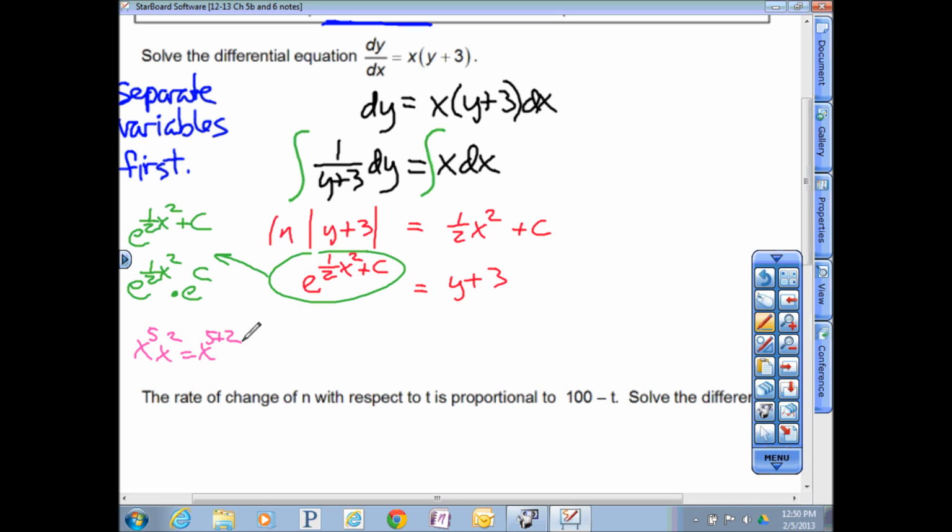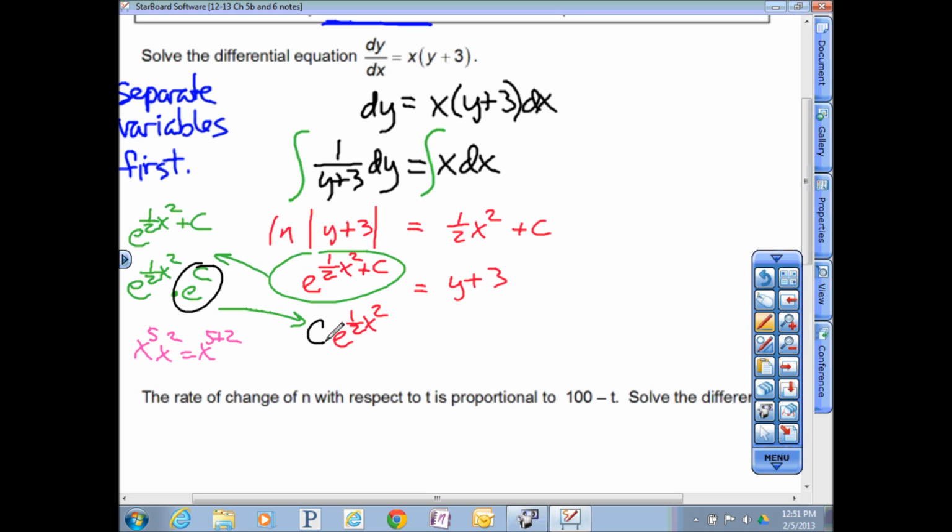So now when I work my way back over here, what I really have is e to the 1/2 x squared, and I really have this e to the c. Well, this e to the c right here is really just a new constant. And that new constant, e is the number 2.718, is really just a constant.